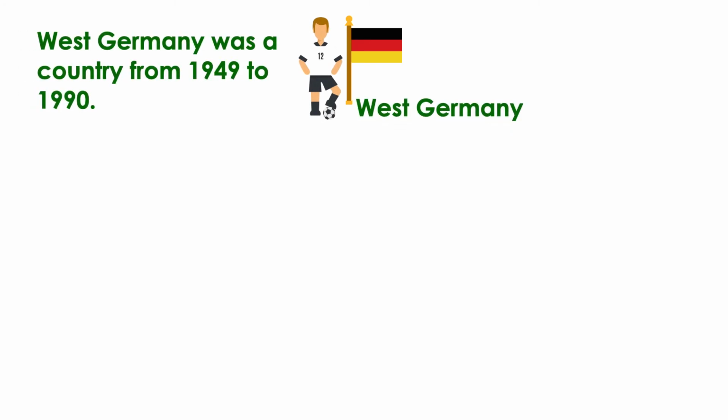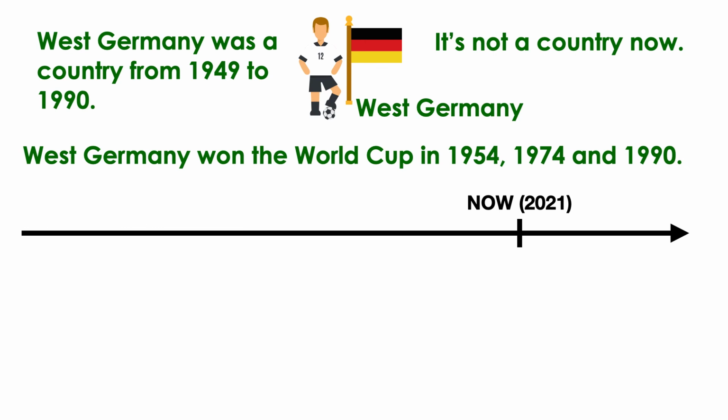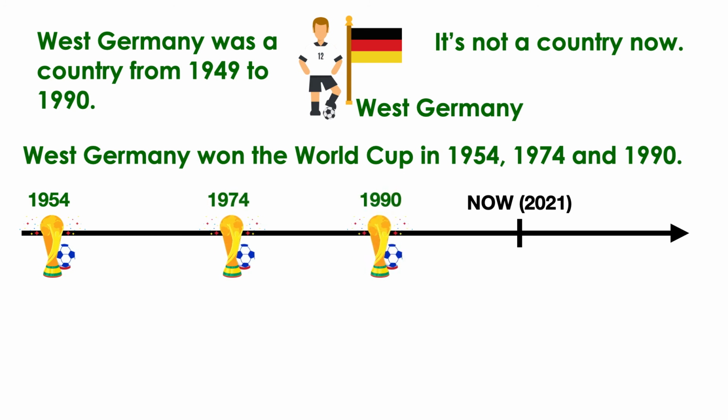West Germany was a country from 1949 to 1990. It's not a country now. But West Germany won the World Cup in 1954, 1974, and 1990.